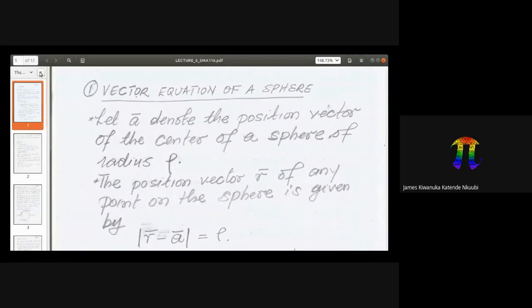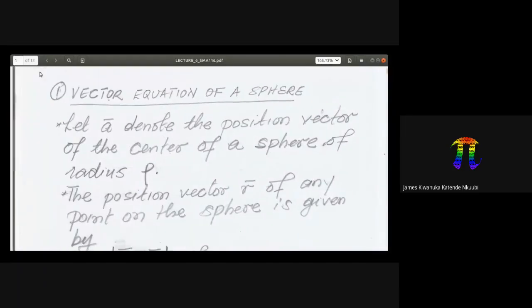So now, can you confirm that you can see the slides?